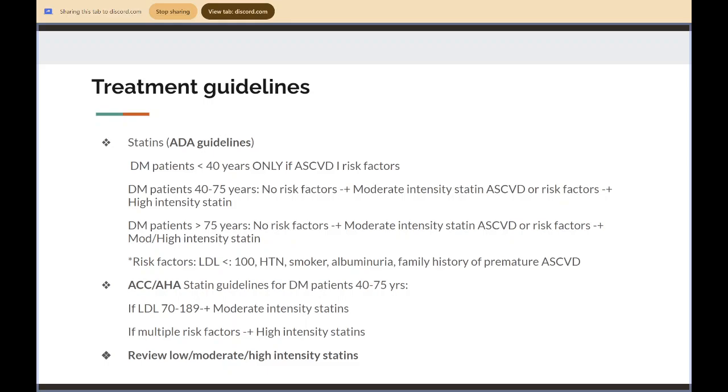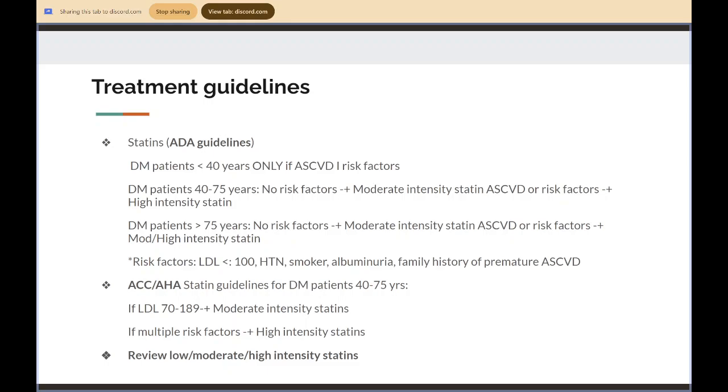So the ACC or AHA, once again, the Cardiology or Heart Association guidelines. This is based on the LDL levels. If they're 70 to 189, they're going to be moderate intensity. If there are multiple risk factors, you're going to want to do high intensity statin.